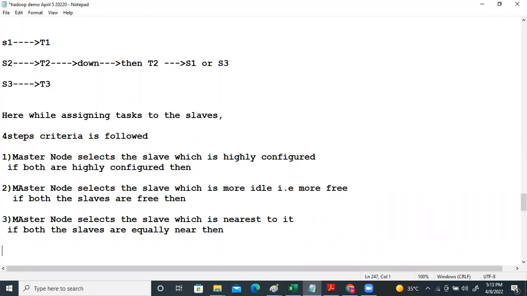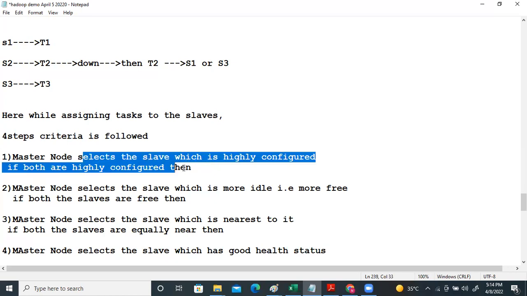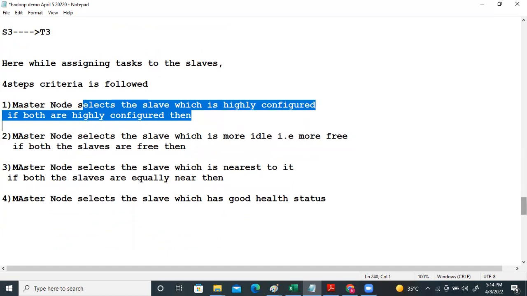the master node selects the slave which has a good health status. Both being highly configured with the same configuration doesn't mean that both will have good health status.